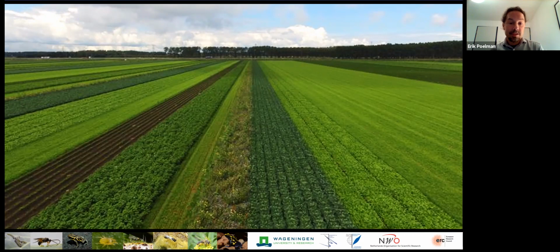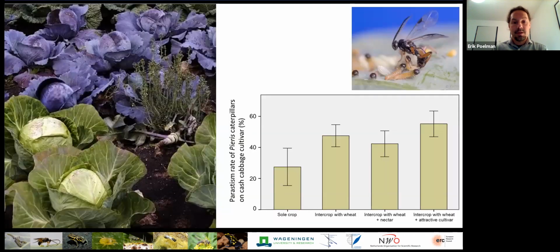And there we would like to see how we have to change that whole environment in maximizing the effect of, for example, biological pest control or optimizing plant performance by making use of ecological processes. Well, one of the things that I find very interesting there is that during my own PhD, I identified one cabbage cultivar that is more attractive to parasitoids than other cultivars.